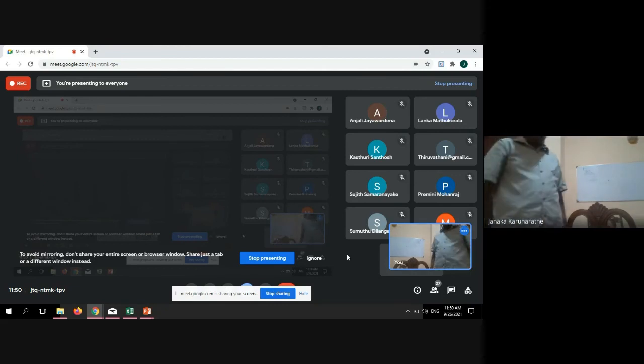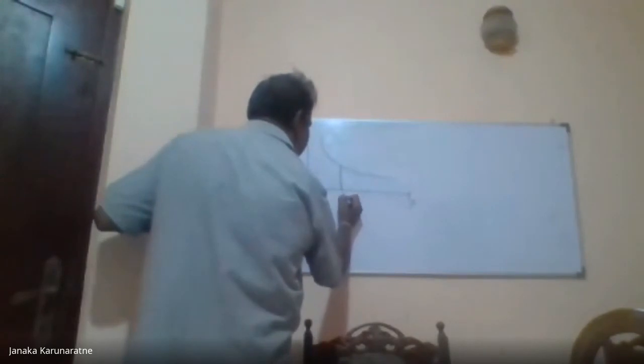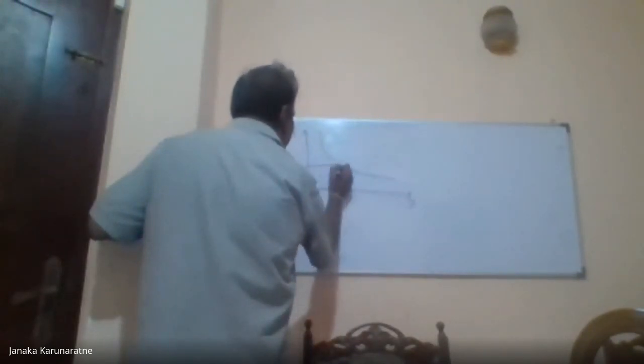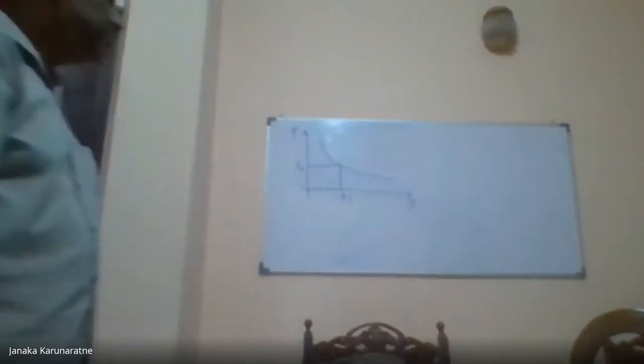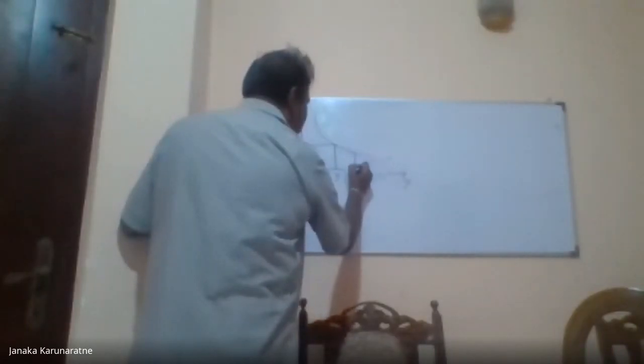Right? Clear? So in here, let's say this is 5% and price is, let's say, P5. Yes, we can see. Now let's say it went up to 6%.